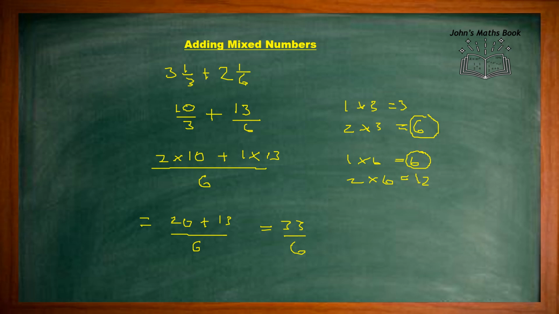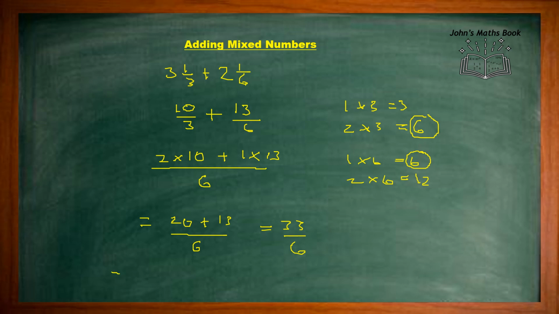So now we have an improper fraction. We now want to create a mixed number out of that improper fraction. So we divide the denominator into the numerator and see how many times it goes exactly. In this case, 6 goes into 33 exactly 5 times with a 3 remainder, because 6 times 5 is 30.